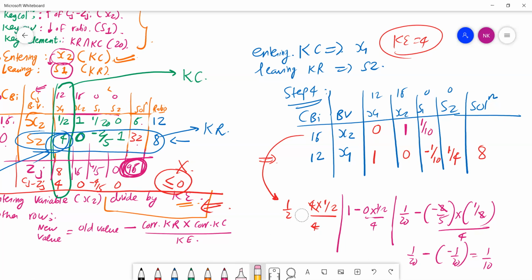For S2, let me just erase it. For S2, the previous value was 0 minus corresponding to the key column, it's 1 by 2, multiplied by corresponding to key row, it's 1 divided by 4, so it's minus 1 by 8.